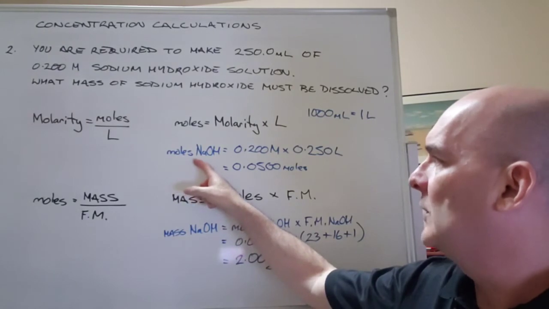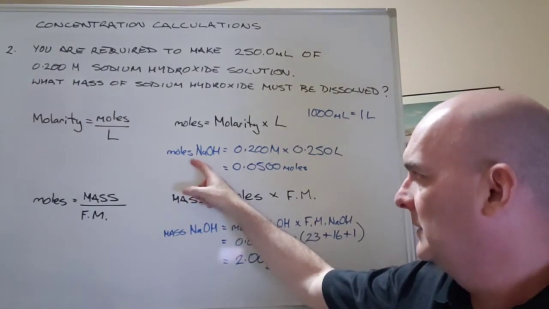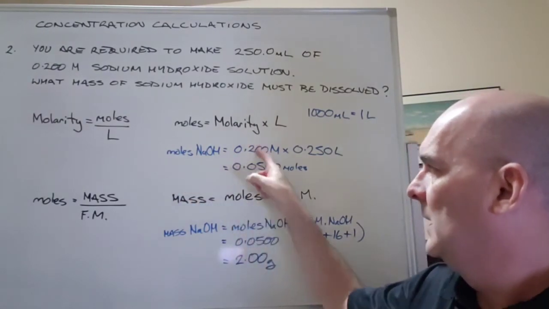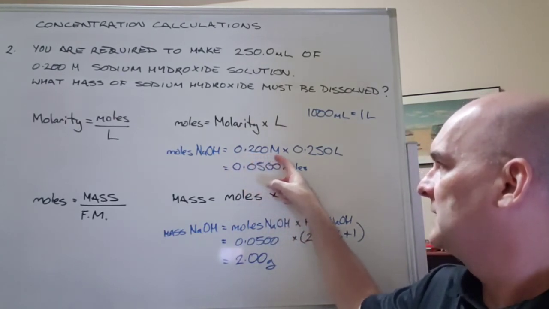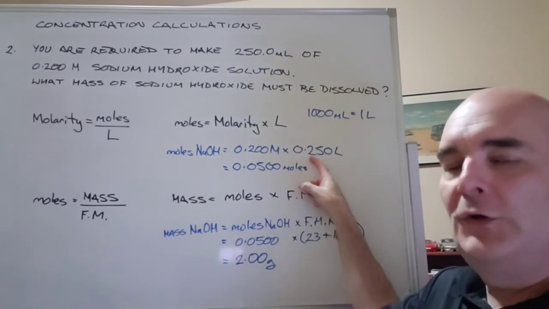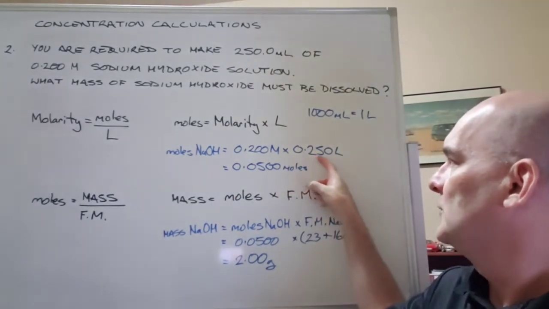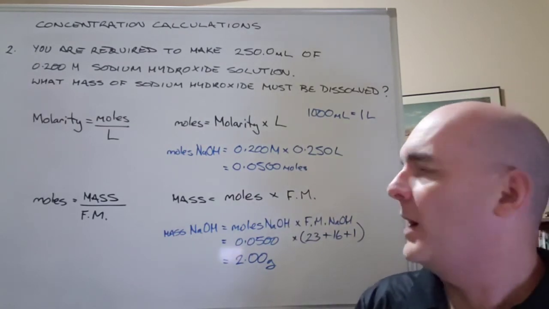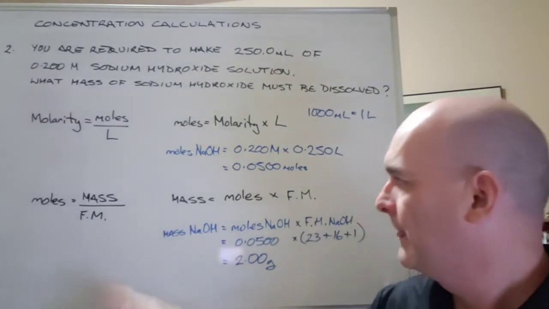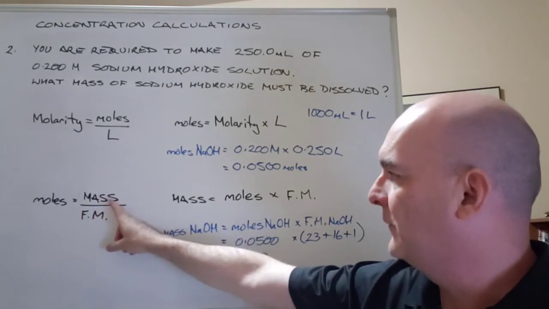So the moles of sodium hydroxide required to make that solution are equal to its molarity, 0.2 moles per liter, times its volume in liters, 0.25 liters. That is 0.05 moles.